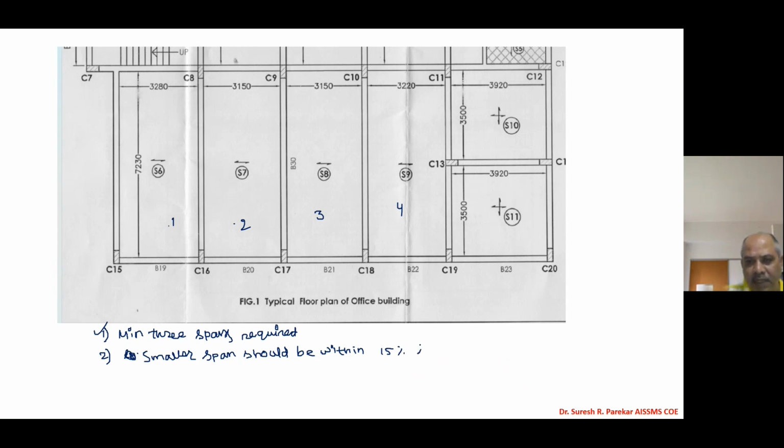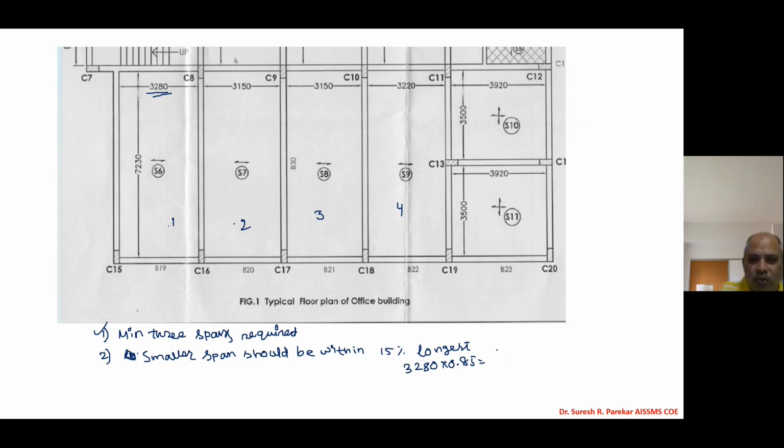Our longest span is 3280, and then we have to calculate 3280 into 0.85, within 15%.